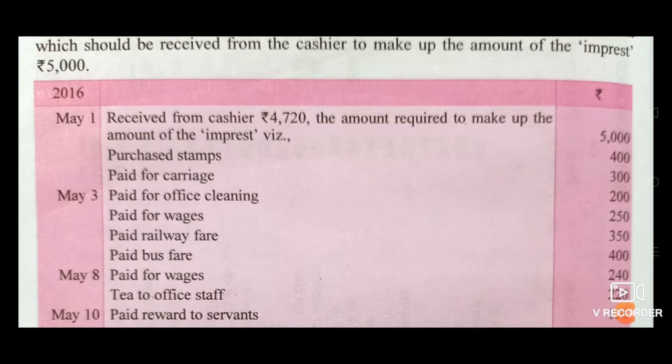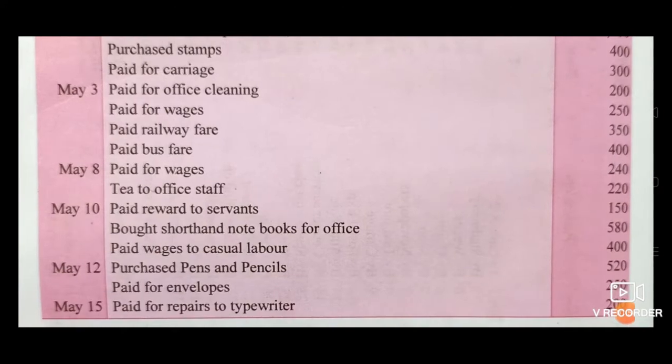On 8th May, paid for wages rupees 240 and tea to office staff rupees 220. 10th May, paid rewards to servants rupees 150, bought shorthand notebooks for office rupees 580, paid wages to casual labor rupees 400. On 12th May, purchased pens and pencils, that is stationery, rupees 520, and paid for envelopes rupees 250. And on 15th May, paid for repairs to typewriters rupees 200.